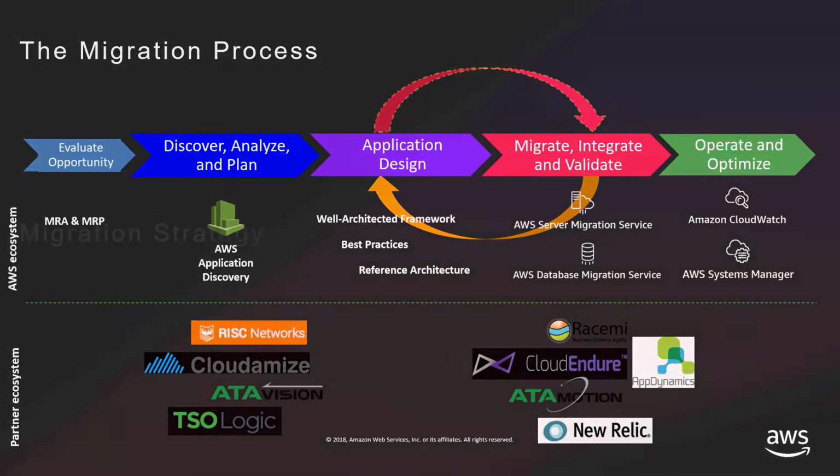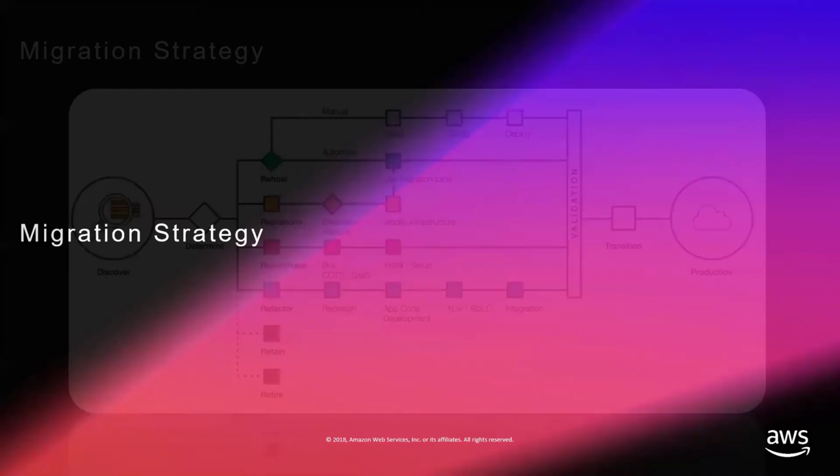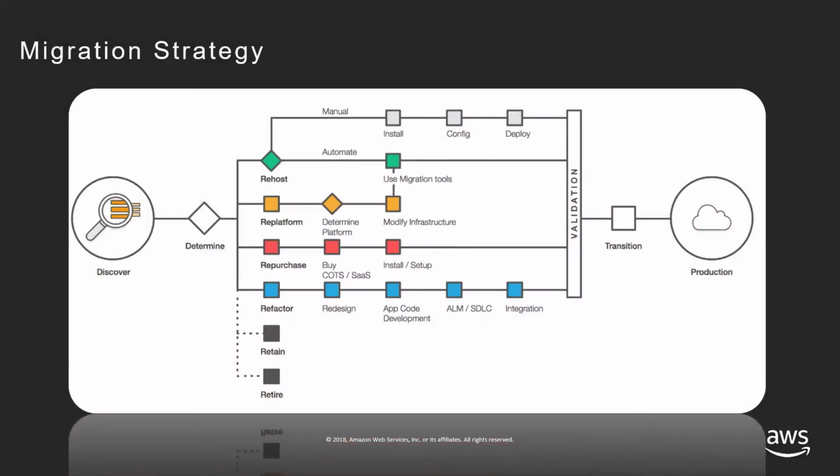Okay, so now let's talk migration strategies. What are your options and how you should consider your migration? As you see here, there's several different types of methods that you can choose from. Rehost, replatform, repurchase, refactor, retain, or retire.